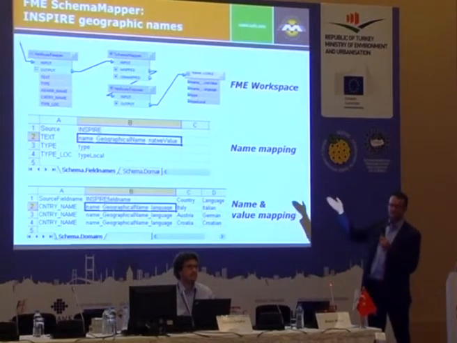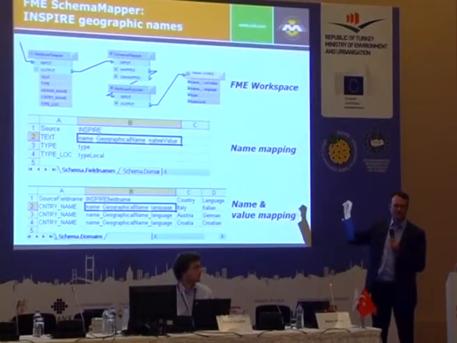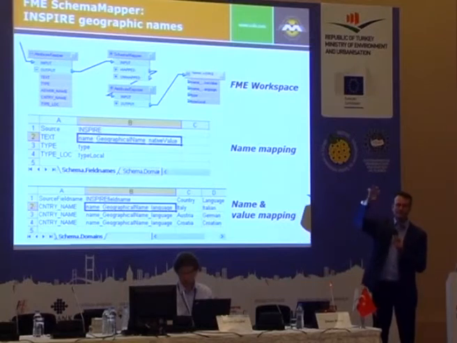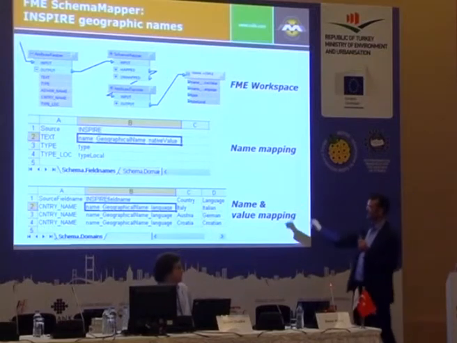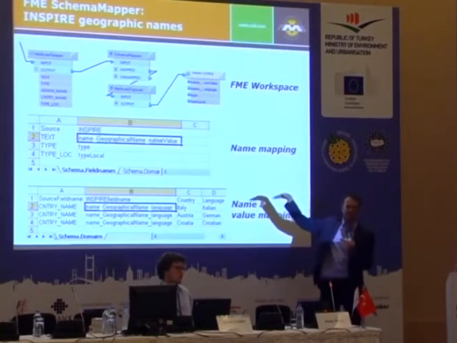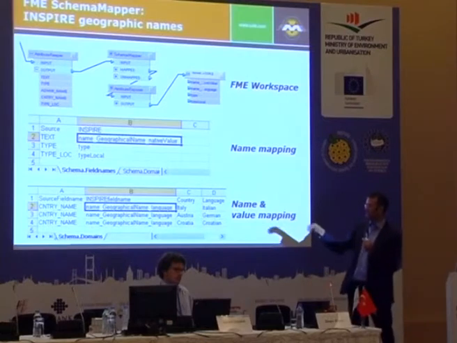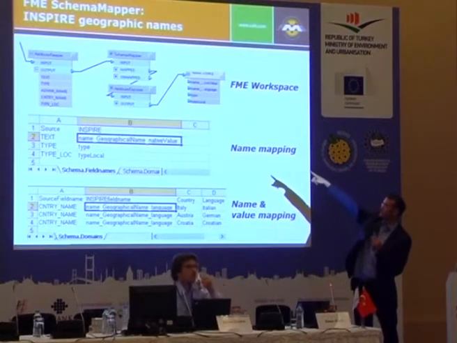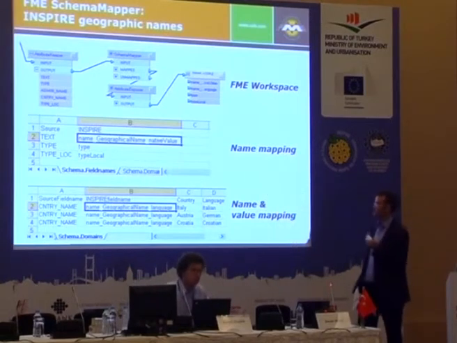Now, if you have a very simple schema mapping problem, maybe you use those individual transformers, or you want to have the problem spread across different parts of a workspace. But another approach is you can have a schema mapping table where you define all of the mapping relationships in a spreadsheet, and then one transformer, the schema mapper up the top, invokes all these transformations at once.